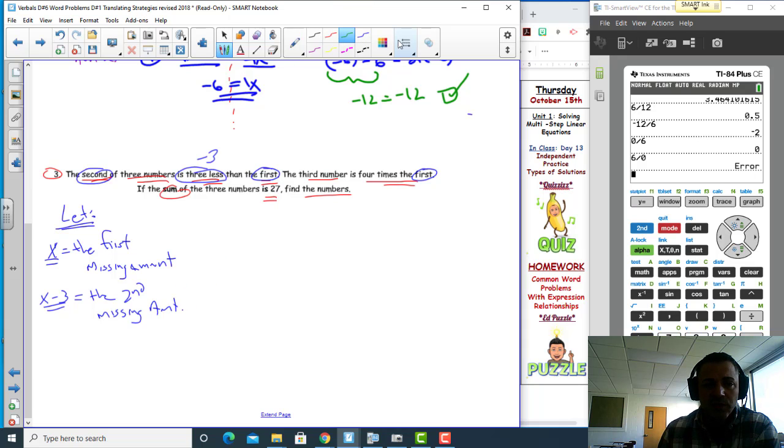And then as I continue to read through, I'm going to get some information about the third missing amount. The third number is 4 times the first. So because it's 4 times the first, I can describe it with the variable x. I just have to make it 4 times x. And that would be the third missing number.